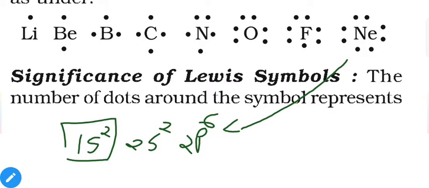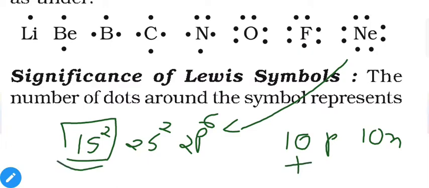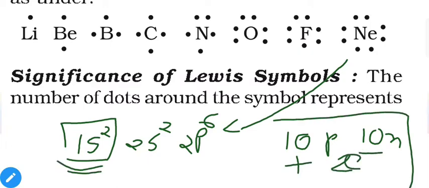Apart from the electrons, we have a total of 10 protons and 10 neutrons inside the nucleus. Along with these, the 2 electrons present in the 1s orbital are part of the kernel. So this is our kernel of neon, which is shown here at the center.